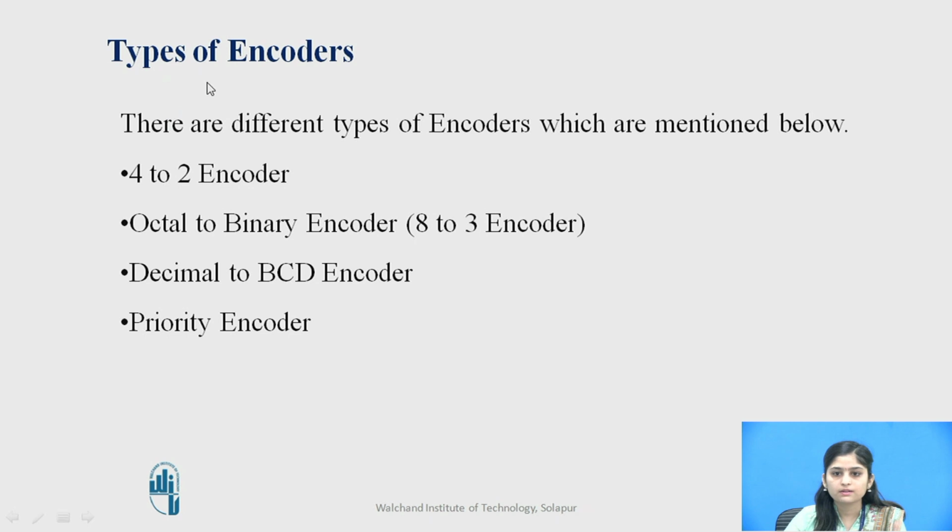Now let us understand what are the types of encoder. These are the different types of encoder, that is 4:2 encoder, octal to binary encoder which is also known as 8:3 encoder. Next one is decimal to BCD encoder, and next one is priority encoder. Today we are going to study about this 8:3 encoder.